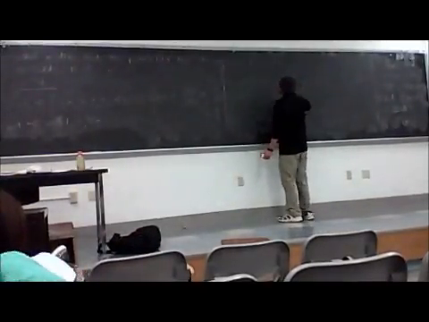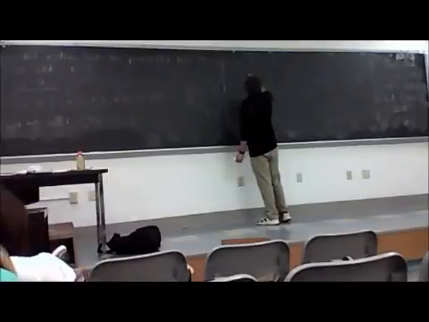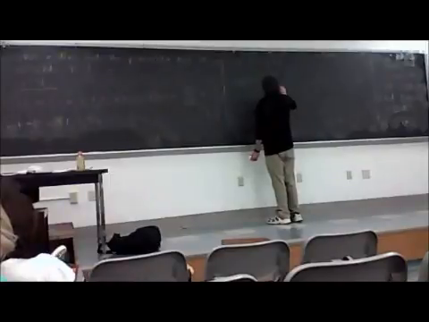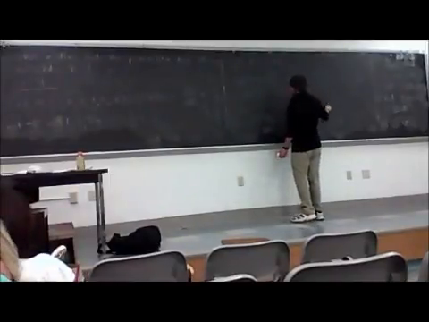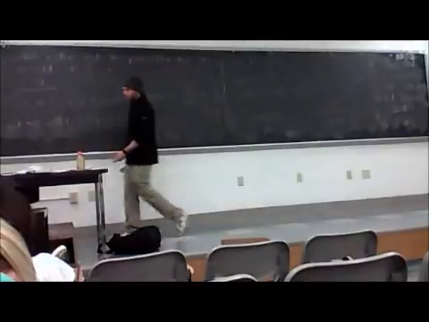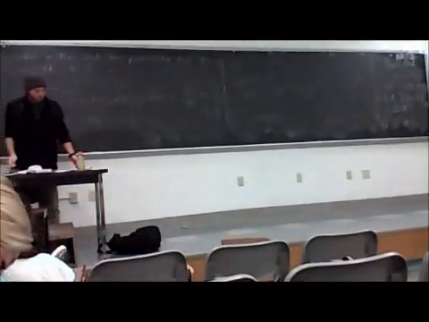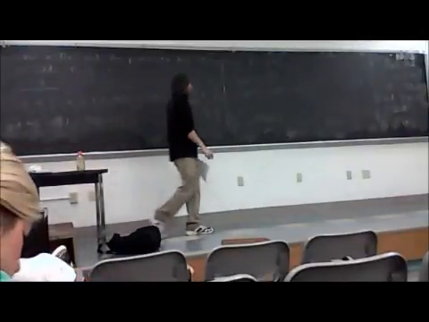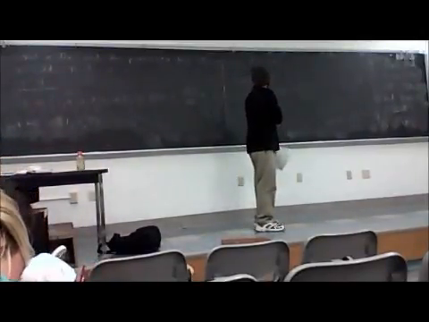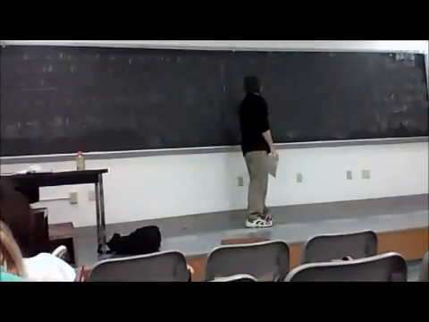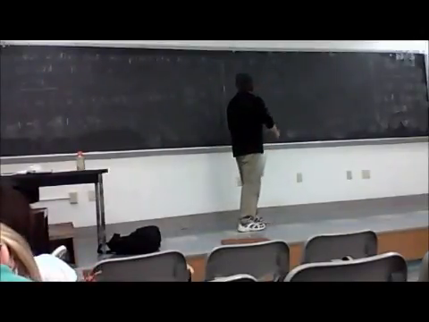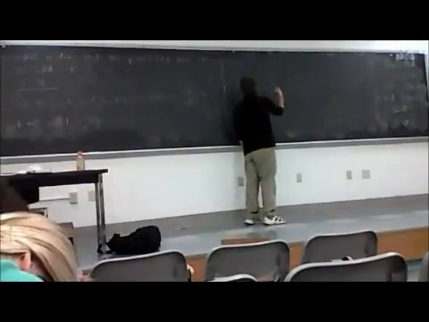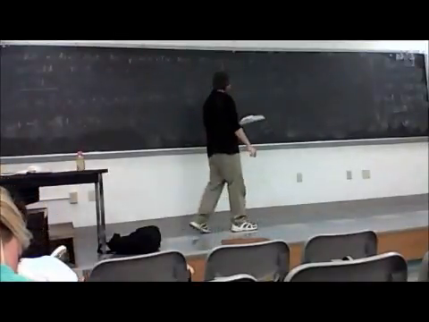So what's the probability of F going to be? The absolute value of F, are they all positive? No, when I put these bars on F, it just means the number of objects in F. F is a set, so when you put absolute value bars around a set, it just means the number of objects in the set.